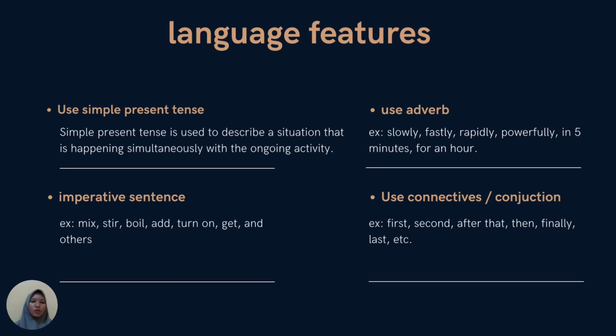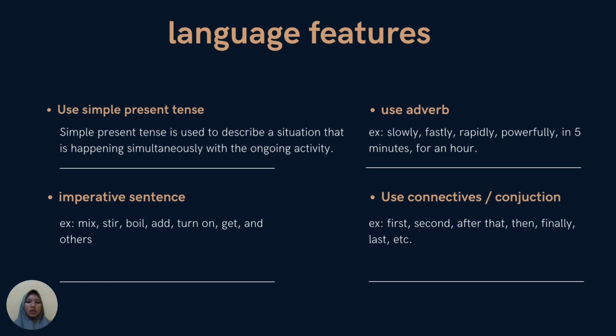We use imperative sentence because we need to explain several steps. So we should use imperative sentence. The example like mix, stir, boil, add, turn on, get, and others.